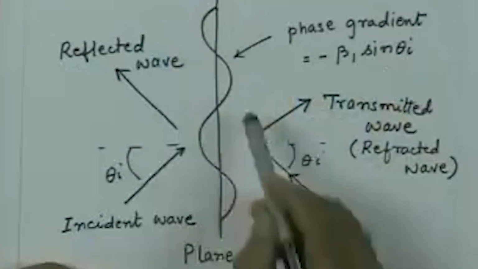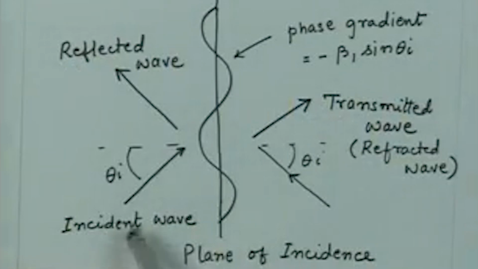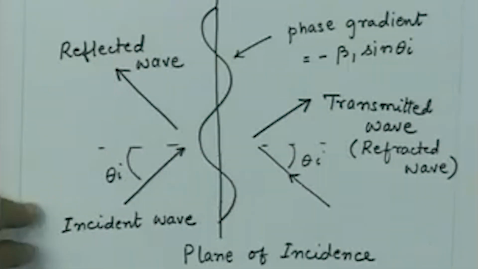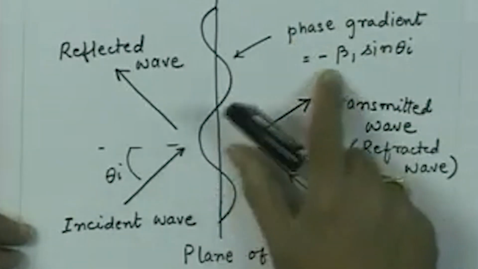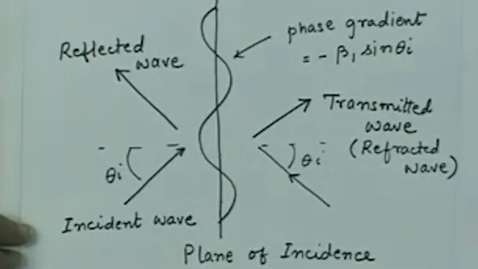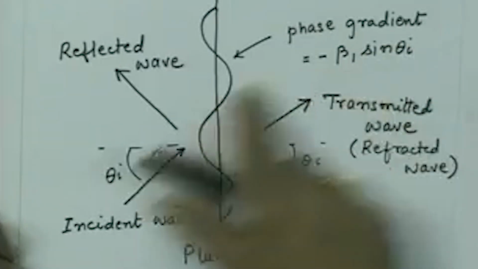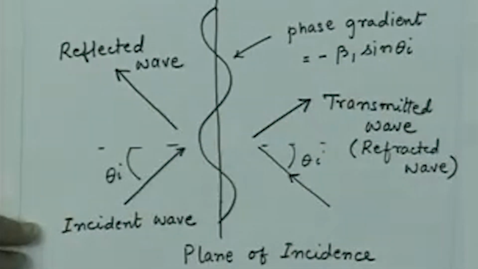Now one can ask the next question: when the waves are moving in this direction, in what direction would the wave be moving with respect to the normal? Since this angle is theta I and this medium is the same, the phase gradient, if I divide that quantity by beta 1 and take the sine inverse of that, that would give me the direction of the wave propagation in that particular medium.